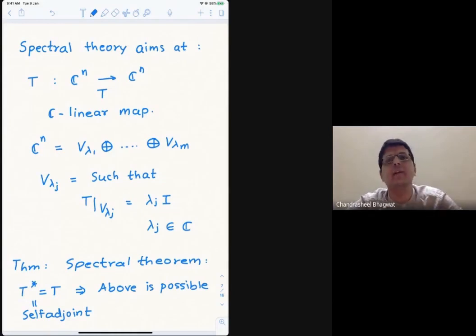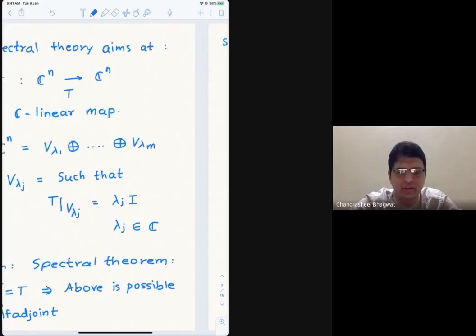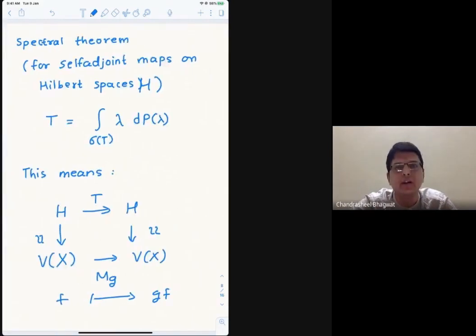Everything else is a finite dimensional subspace. And then what happens is that each of them has a projection, and this version is basically saying that the spectrum sigma T is a countable infinite set, and for every point in sigma T, you have a projection associated. Okay. So it's like a countable set on which operator valued measures are going to be defined.